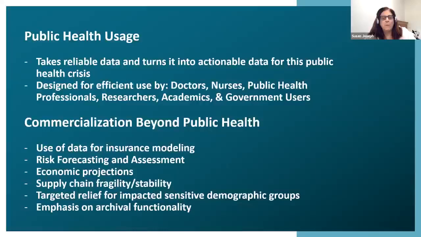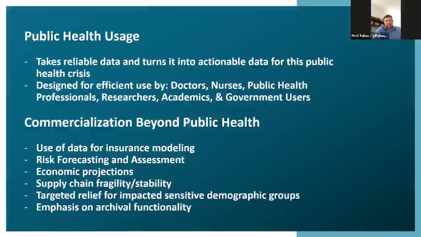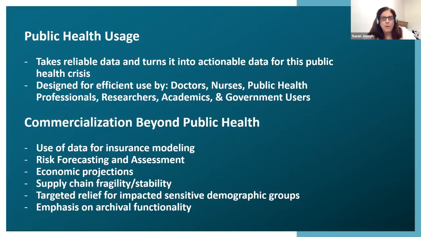We certainly know about supply chain fragility. This can help with that. We also understand that certain sensitive populations are impacted more than others, and the demographic data that will be reported and recorded on this will become quite actionable. Because we are anchoring this data and making it transparent, we will have archival functionality of the data sets. Next slide, please.